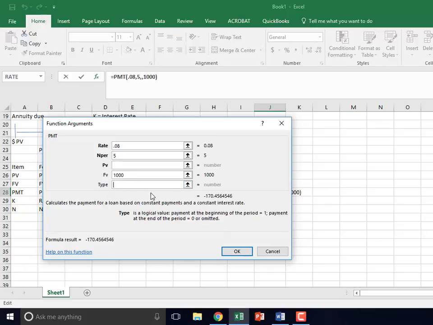So I have to put either a 0 or nothing on there if it is a regular annuity. If it is an annuity due, if I want my deposit to be at the beginning of the period, I have to put a 1 in that type box. Let's just assume that I'm going to make my first deposit at the end of the first year. So let's just put a 0 or put nothing in there.